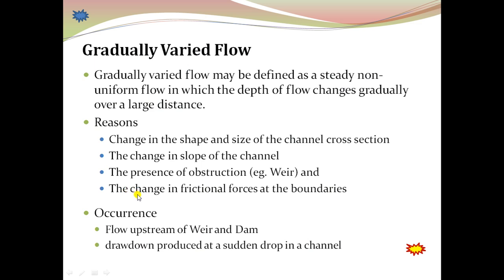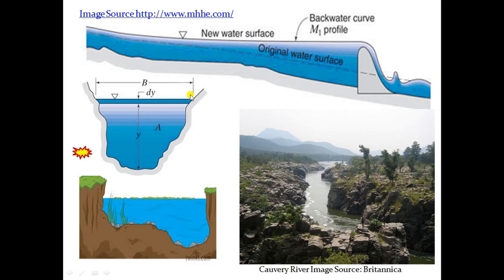The fourth reason for gradually varied flow is the change in frictional forces at the boundaries. This is a typical cross section of a channel. Now, if we refer to this photo, here there is a flow in a natural channel. The boundary of the natural channel is rocky strata.